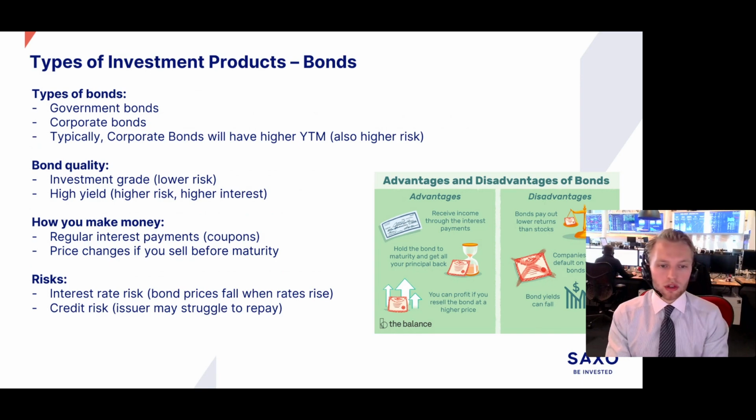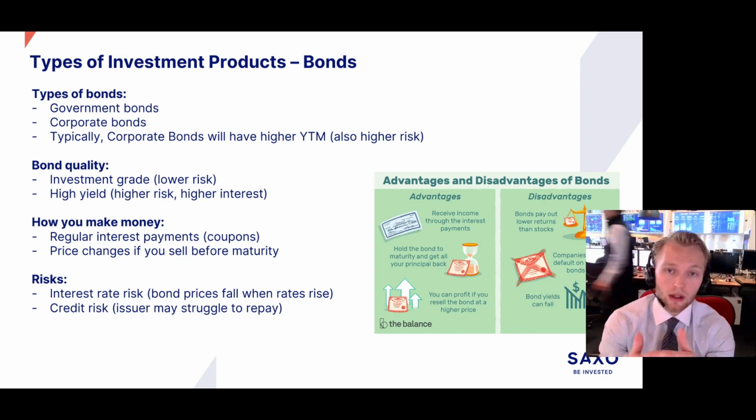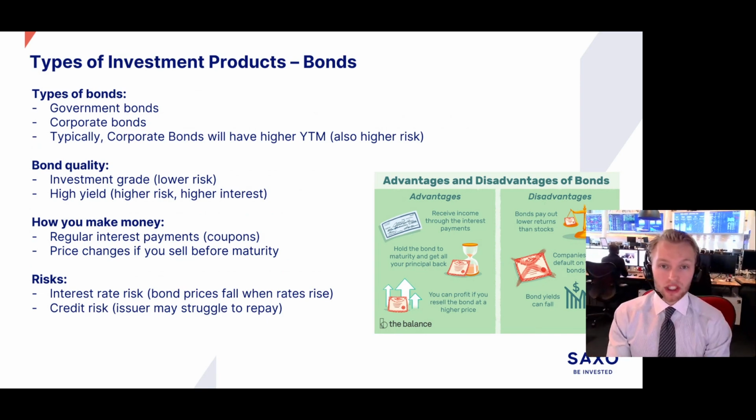So you know that you will have this consistent income stream because of the coupon payments. And then also, depending on the bond quality, you will find that some bonds are traded at a discount. Meaning, if they have a face value of 100, meaning when the bond reaches expiration, it will be paid back at 100 a unit. It could also be 1,000 for that matter.